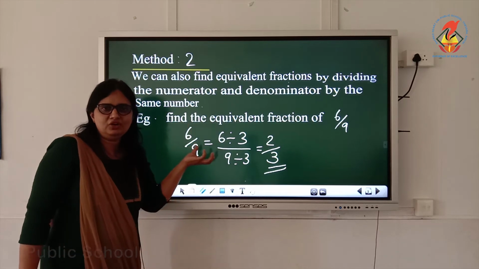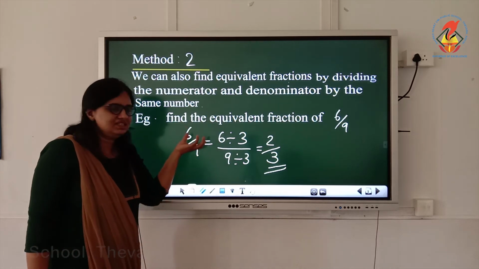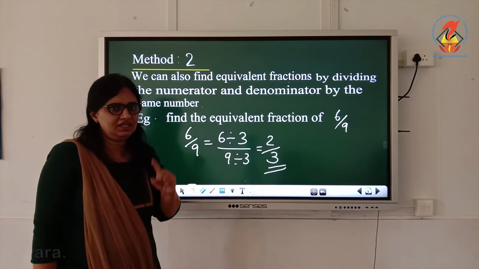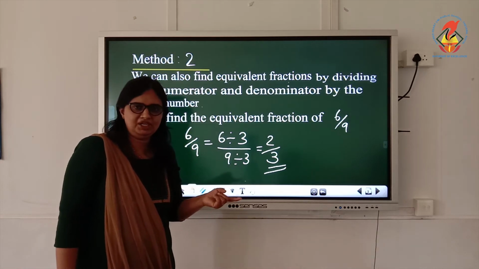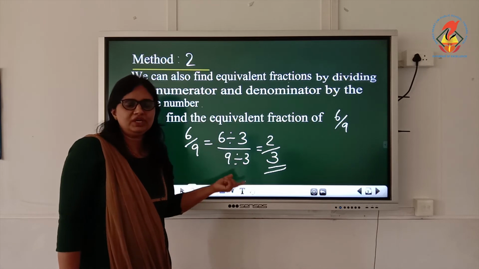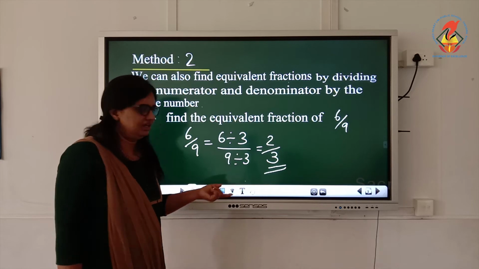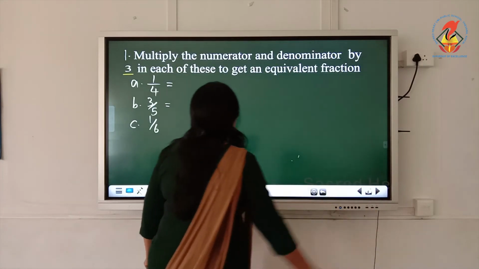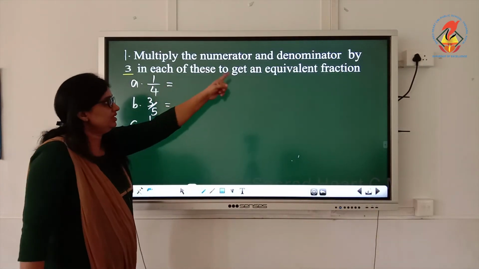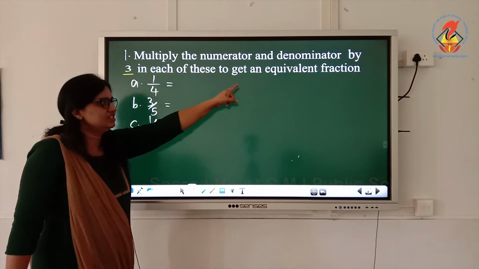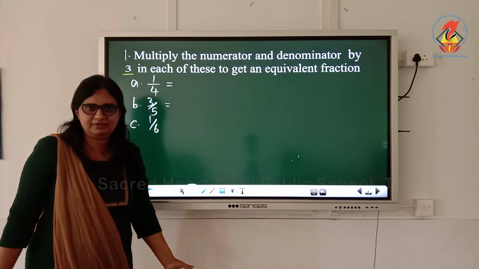Here which method did we follow? That is division. There are two options: either you can multiply the numerator and denominator by the same number, or you can divide the numerator and denominator by the same number. Okay. Next I will show you, multiply the numerator and denominator by 3 in each of these to get an equivalent fraction.